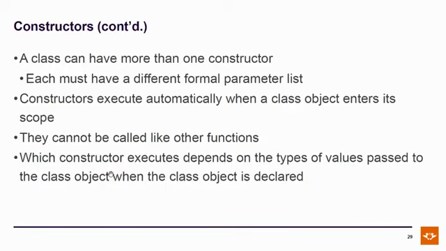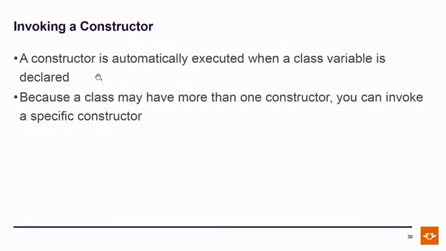So the exact constructor that gets called depends on how you actually created the object. If you passed parameters, then the ones that match those parameters will be called. If you didn't, then the parameterless no-args constructors, also known by some as the default constructors, will be called. So the constructor is automatically executed when the class is instantiated into an object.